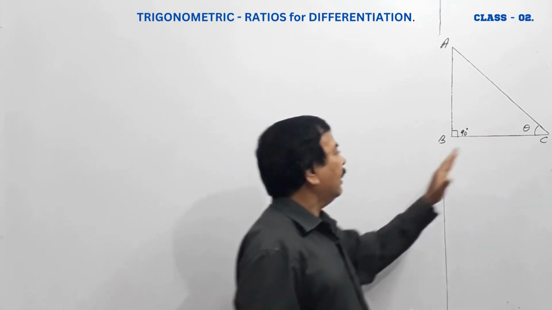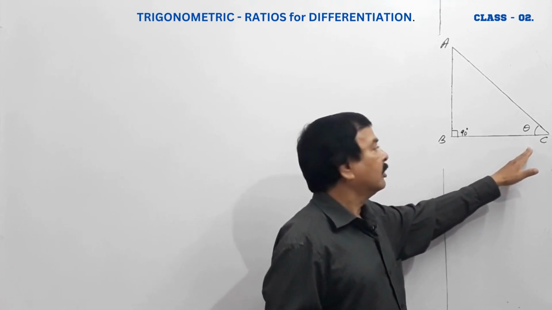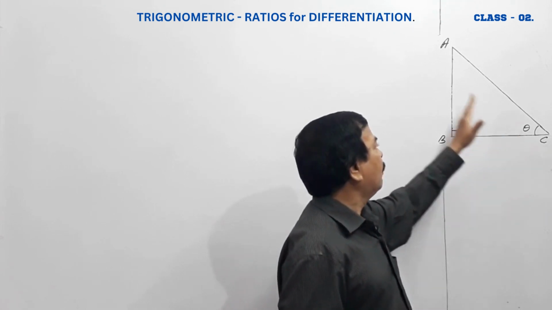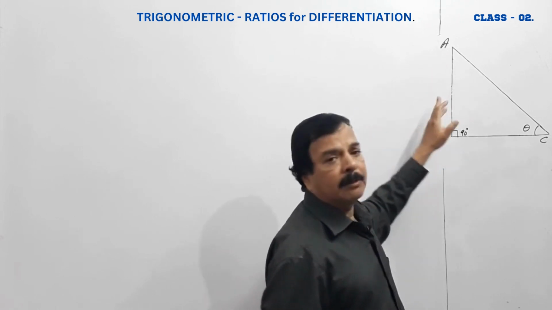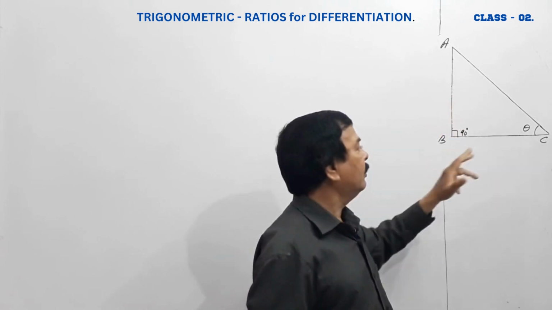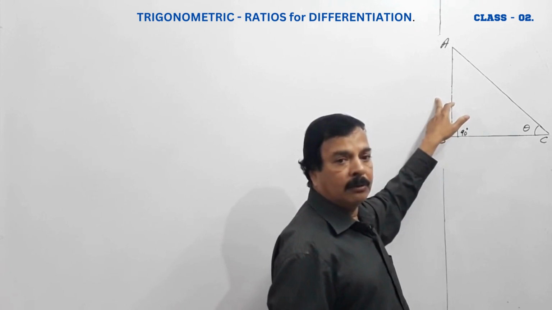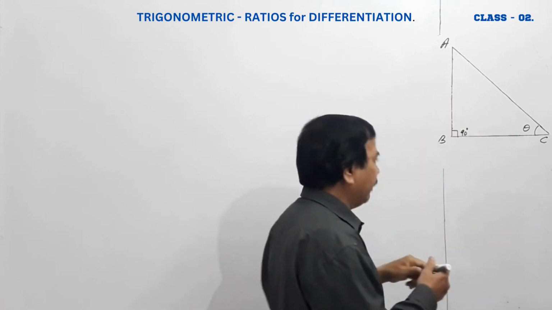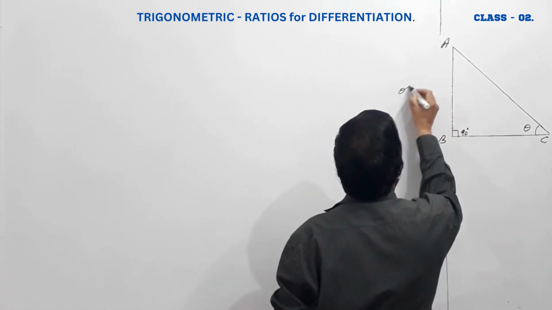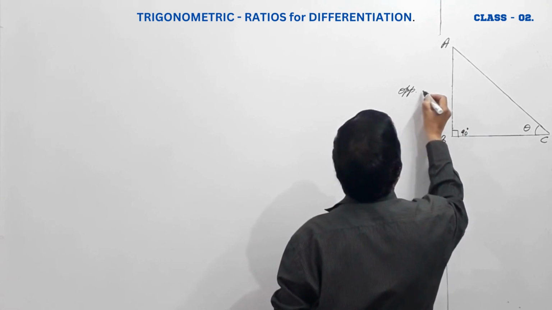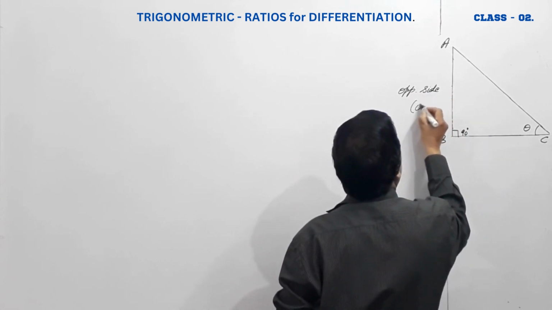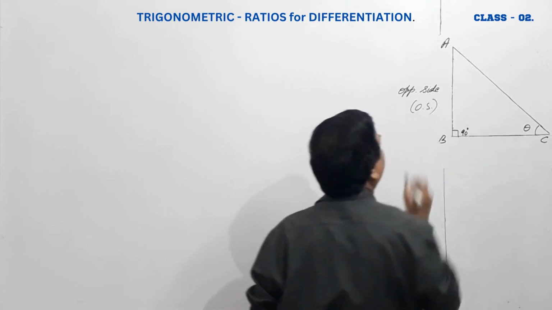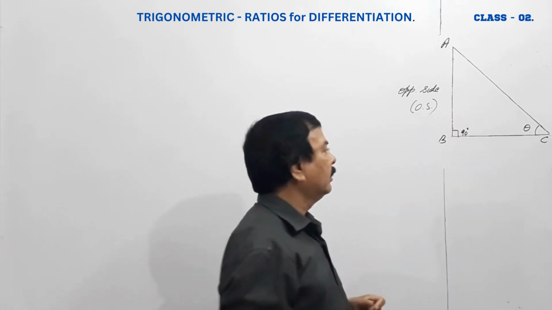Now, if I consider angle C as theta, the side opposite to this, that is AB, which is nothing but the perpendicular side, is the side opposite to angle theta. So I name it the opposite side, and I'll abbreviate it as OS.